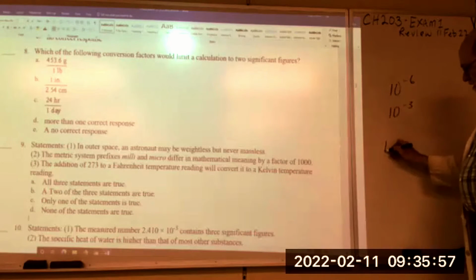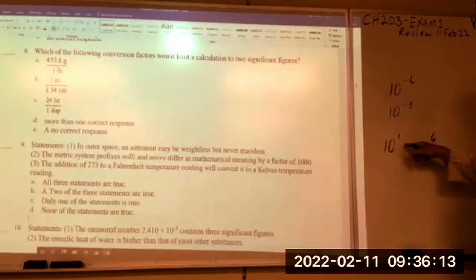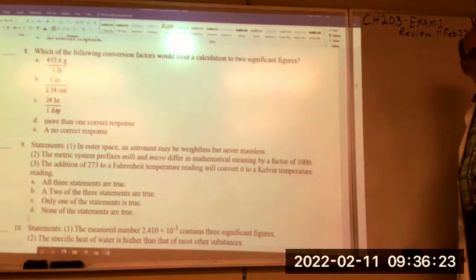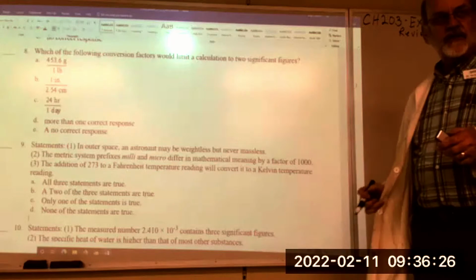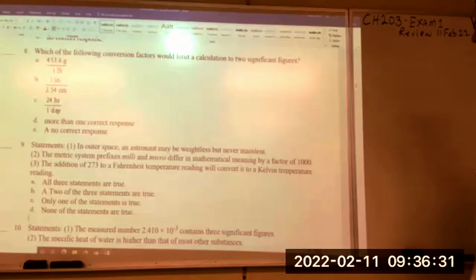A change of 1 to 6 is 5 orders of magnitude difference. In case you ever hear that again, it's not something we're going to use on an exam. I like to throw out these tidbits so you can impress people at parties. Okay, so this one's true.